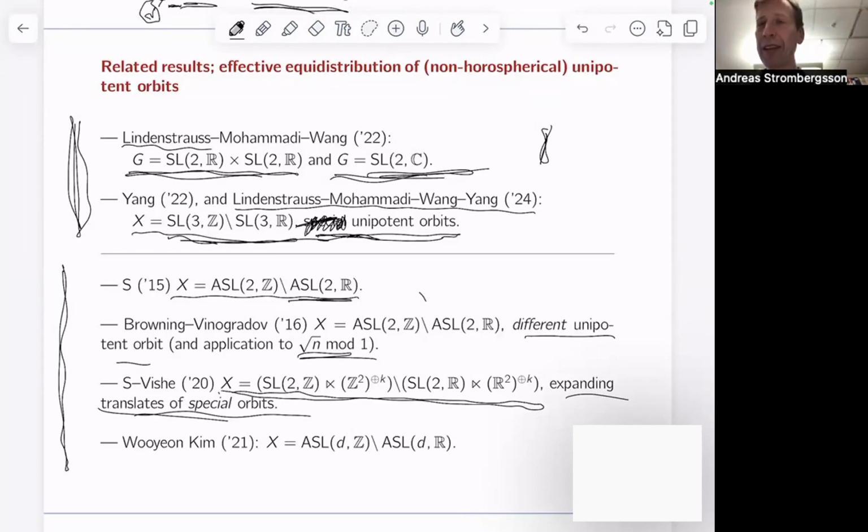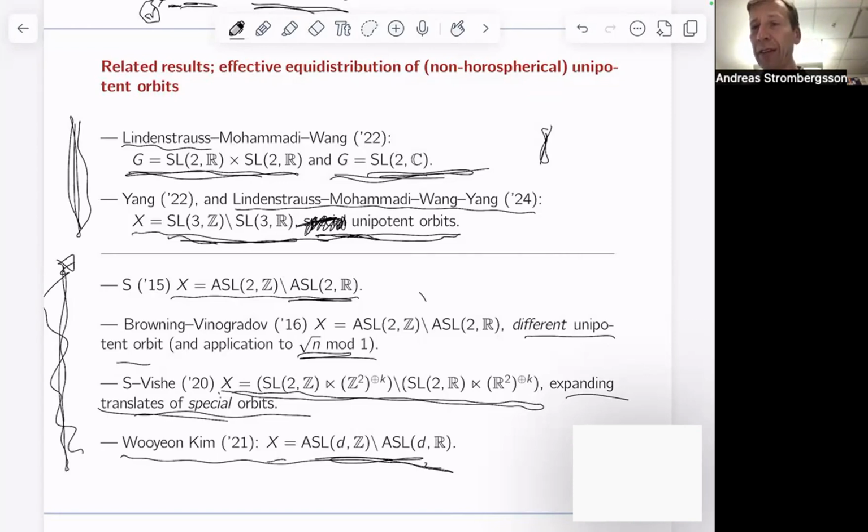And then there's also work building on quite different methods again, more towards thinking about the random walk by automorphism on the torus fiber. By Woo-Yoon Kim, who has obtained effective results.